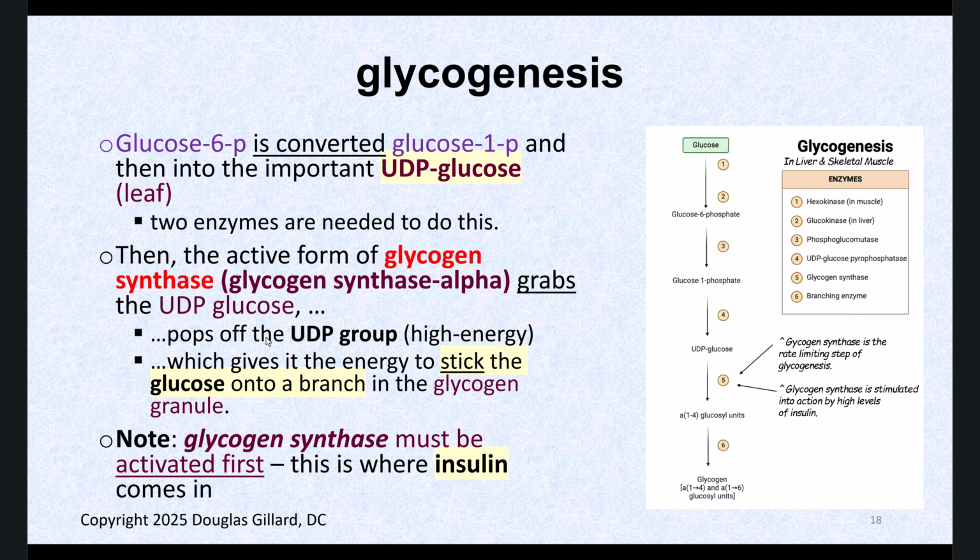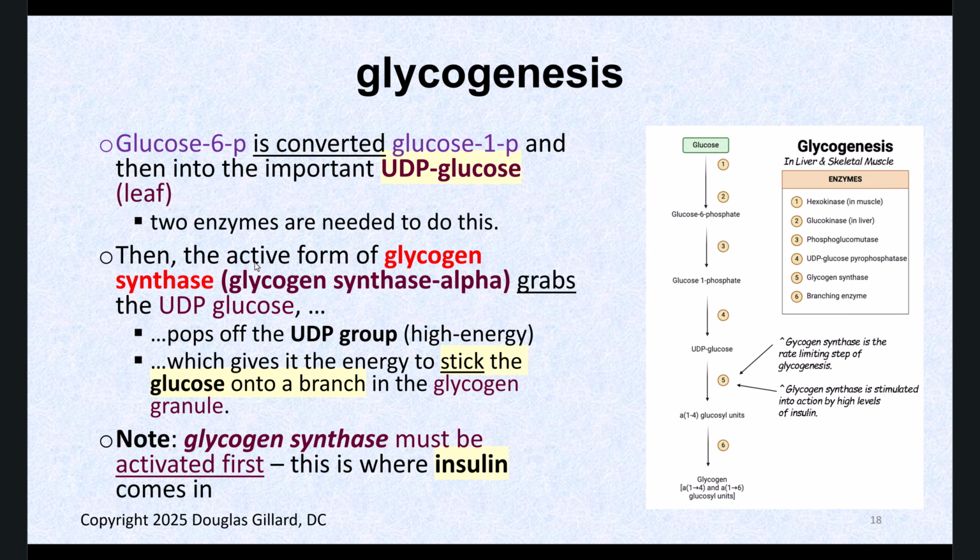If it's not on here, I'm not going to hold you responsible. I'm more interested in these trapping enzymes and the rate-limiting step. So glucose 6-phosphate is converted to glucose 1-phosphate, and that is converted into the all-important UDP glucose. So 2 enzymes are needed to do that step, so I wasn't that excited about that.